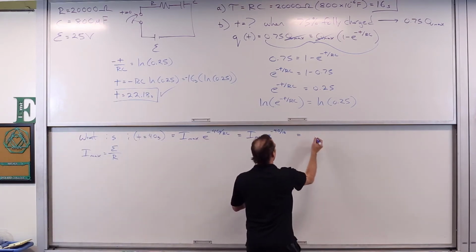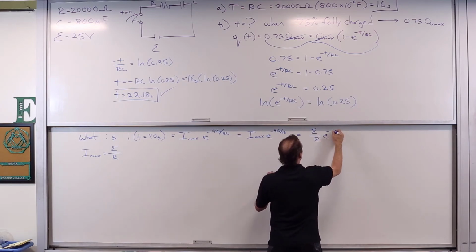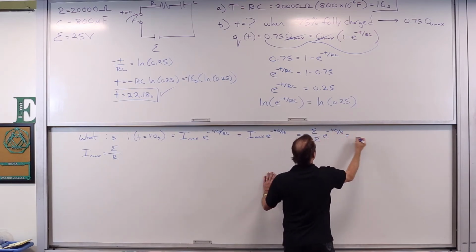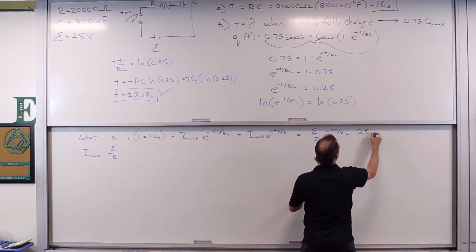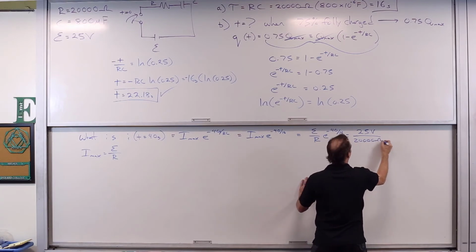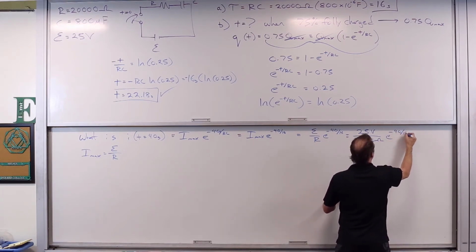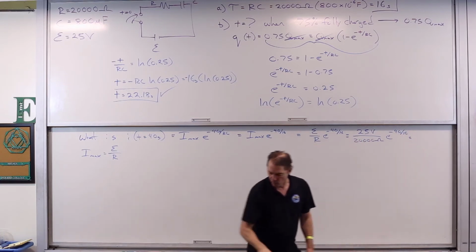So in the end, we have source potential divided by the resistance times e to the negative 40 divided by 16, which is then 25 volts divided by 20,000 ohms, multiplied by e to the negative 40 divided by 16. And it's going to be a small current, that's okay.